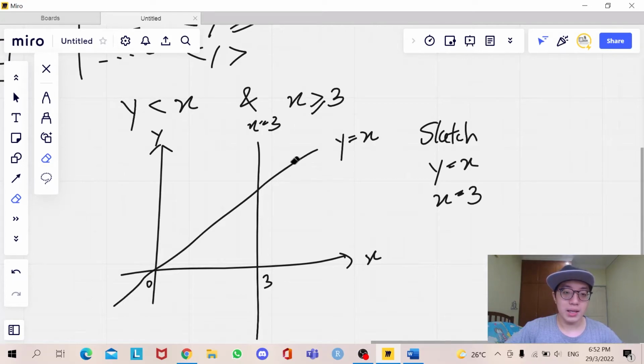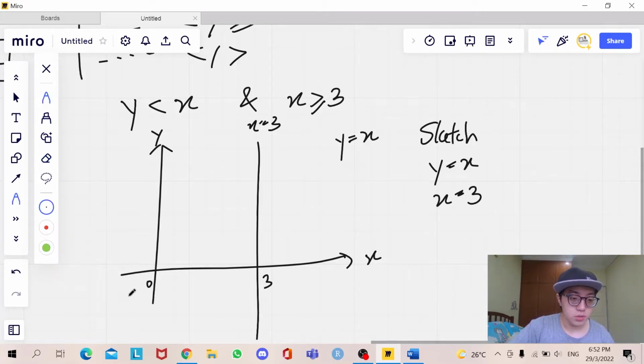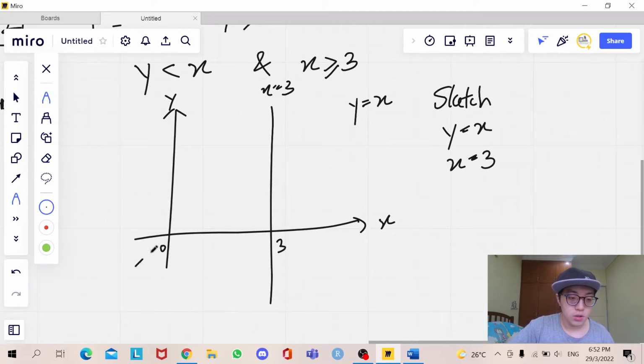So at the y lesser than x line here, we are supposed to use dotted lines. So this is how you represent y equals to x and x equals to 3.